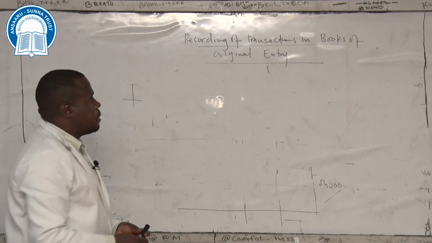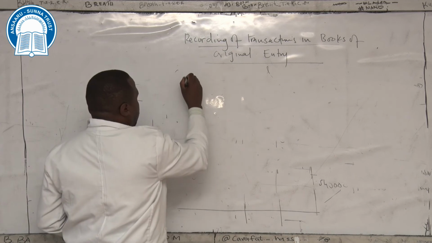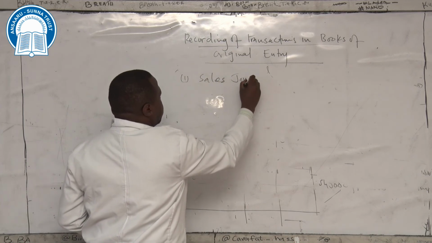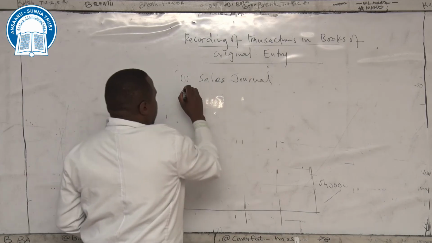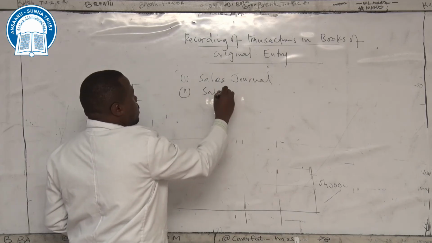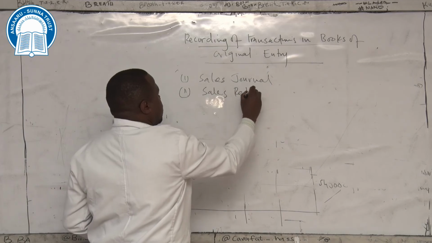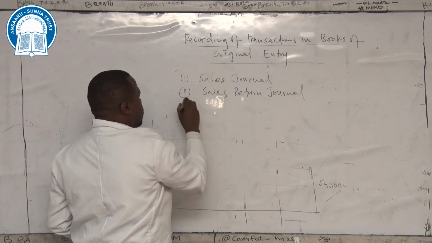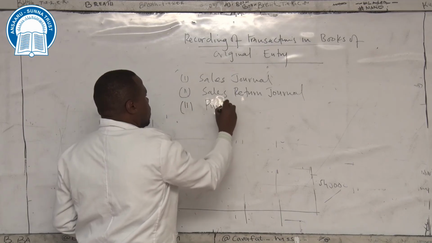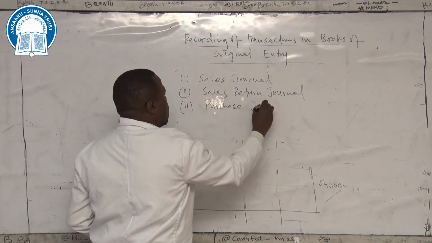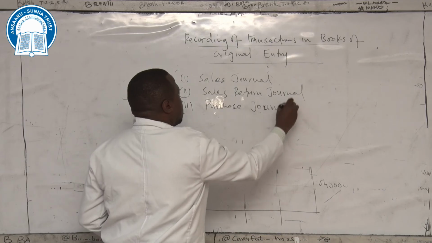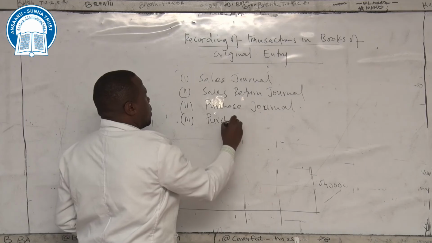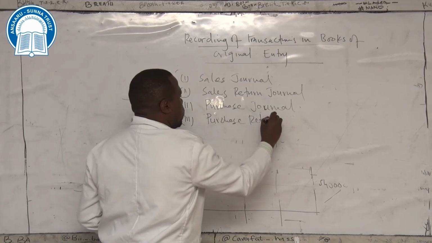We have covered the sales journal. We have covered sales return journal. We have covered the purchase journal. We have covered the purchase return journal.